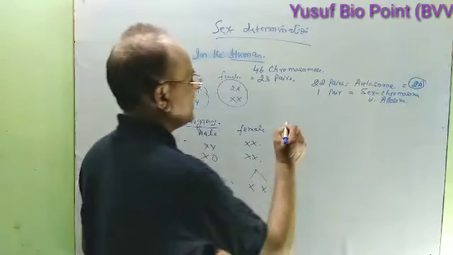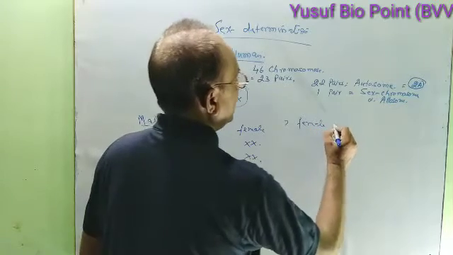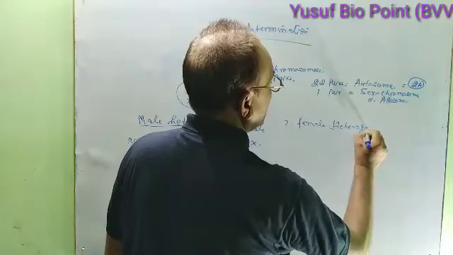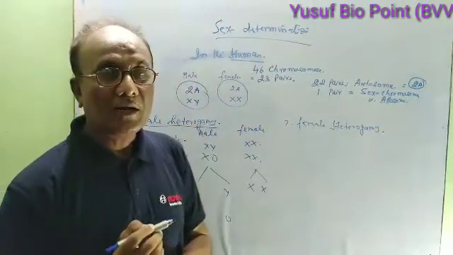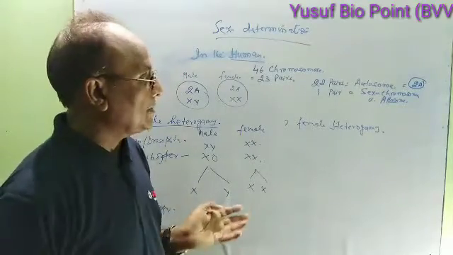The second case is female heterogamy, meaning the female produces two types of gametes.